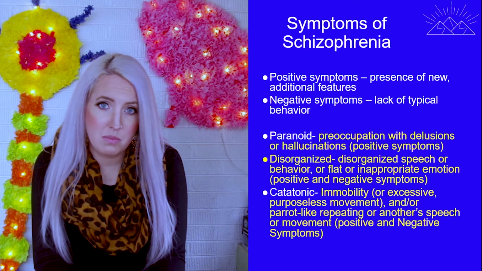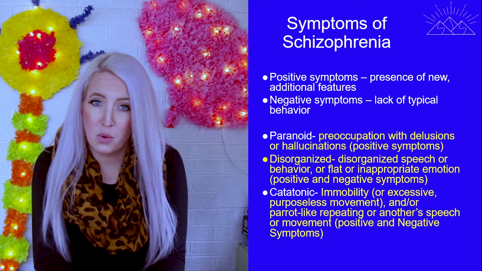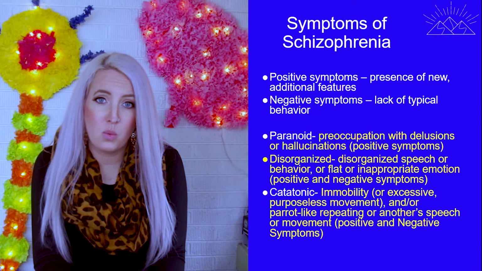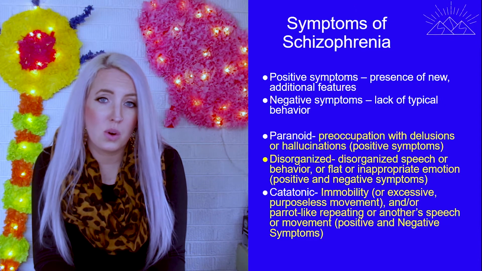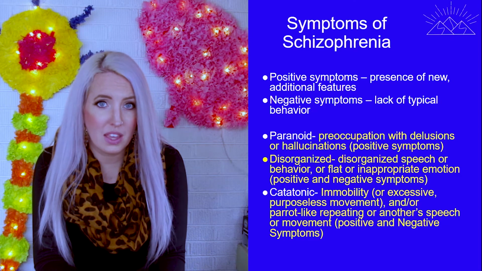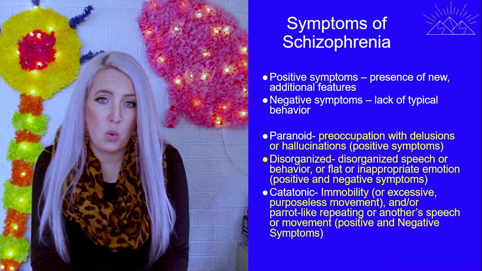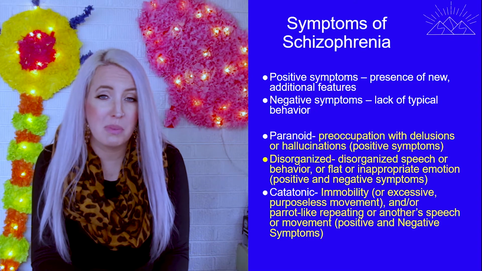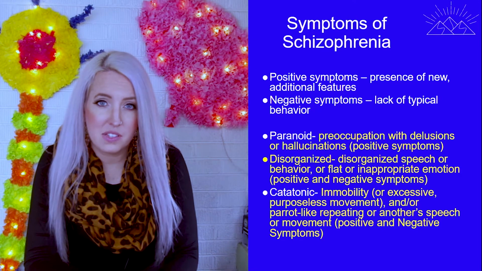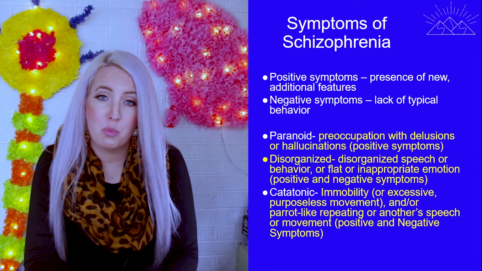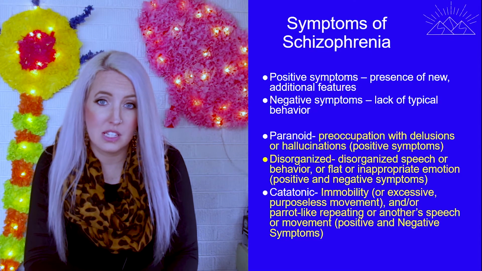Some of the symptoms that used to be considered subtypes of schizophrenia include paranoia, so preoccupation with those hallucinations or delusions. We also see disorganization and disorganized thinking, catatonia, where we see repetitive movements or parrot-like behavior of repeating phrases back to a person, and negative symptoms such as immobility or sitting rigid or mute for periods of time as well.